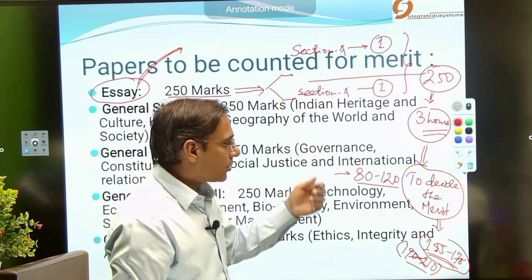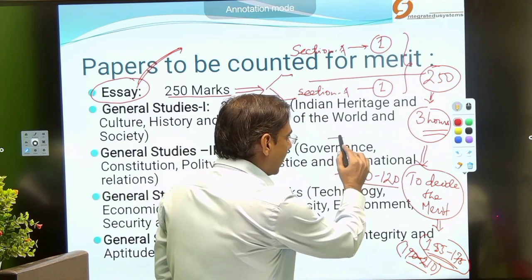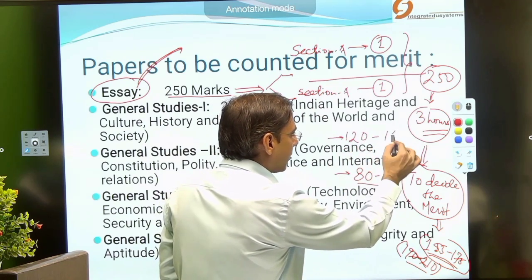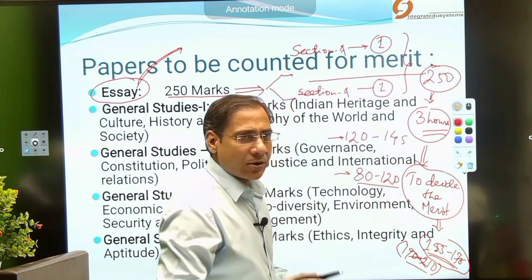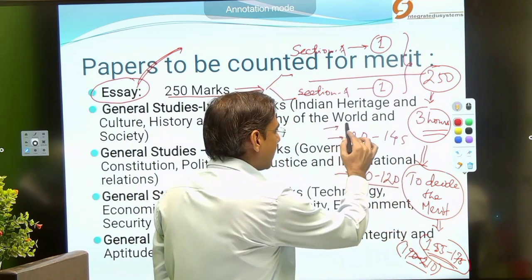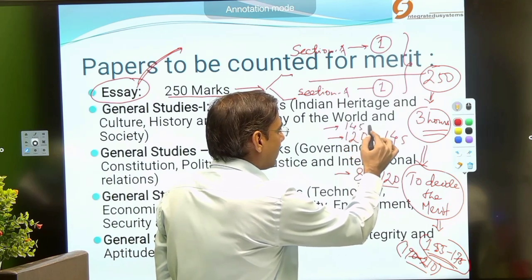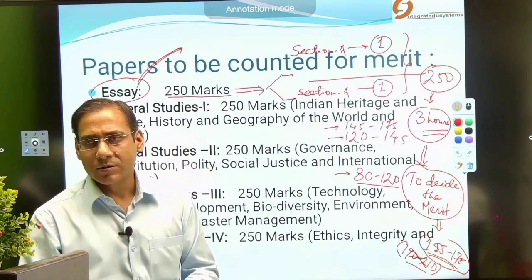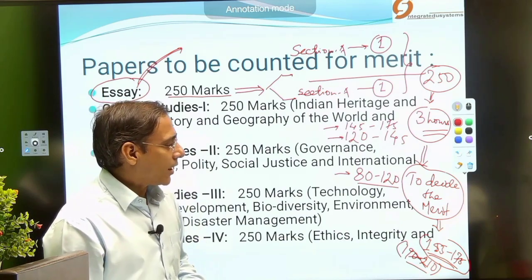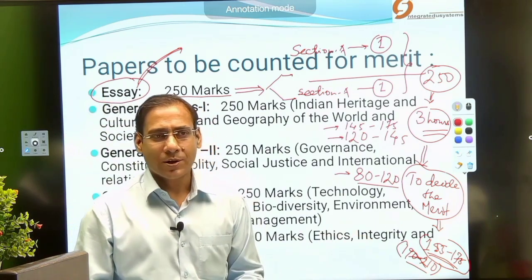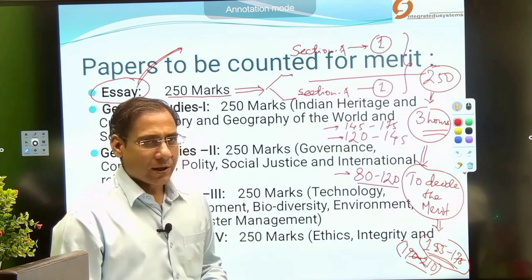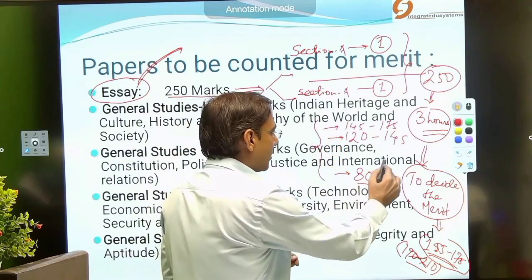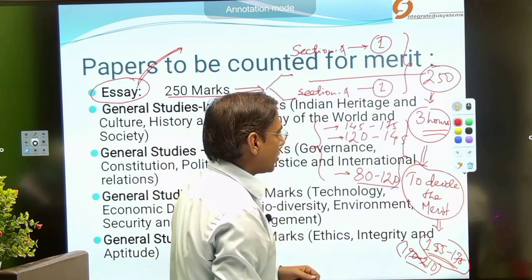The good candidates' marks are 120 to 145 and the best candidates' marks are 145 to 175. It is excellent marks in the essay. As I have said, rarely a few candidates, 1 or 2, achieve more than 200 marks. So this paper has a very crucial role.